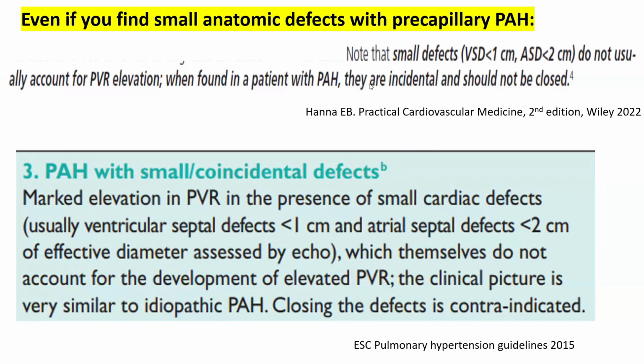When found in a patient with PAH, those defects are incidental and potentially with a pop-off right to left shunt mechanism and should not be closed. And this is what they state: marked elevation in PVR in the presence of small cardiac defect, which themselves do not account for the development of elevated PVR. The clinical picture is very similar to idiopathic PAH. Closing the defect is contraindicated.